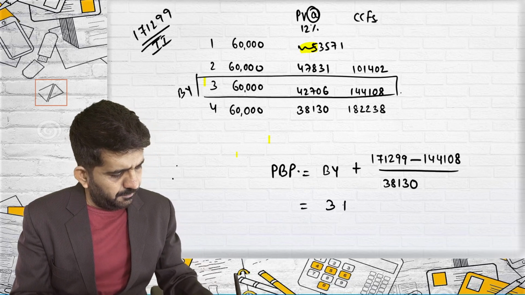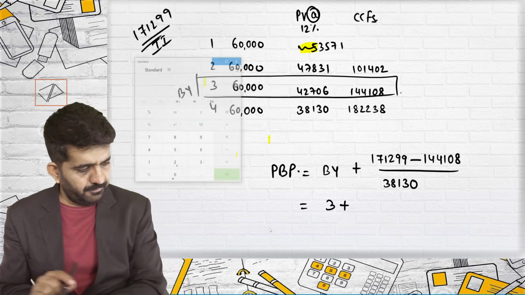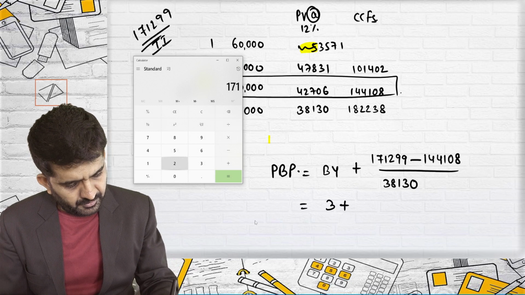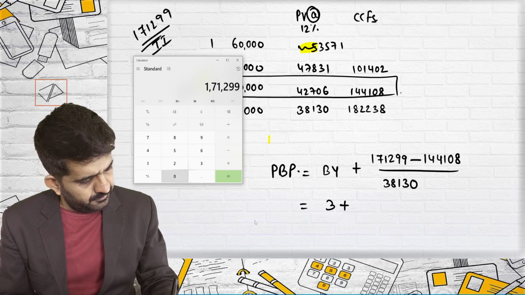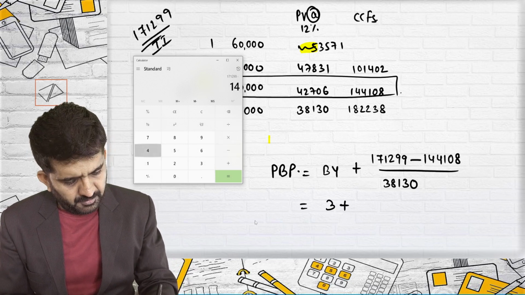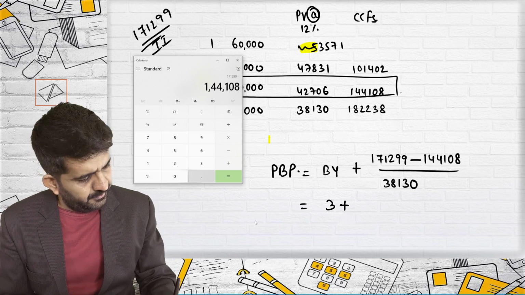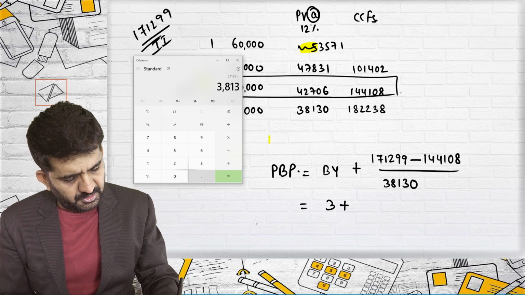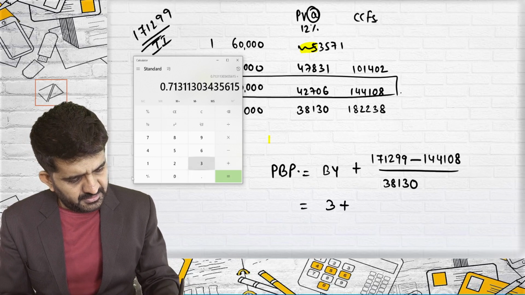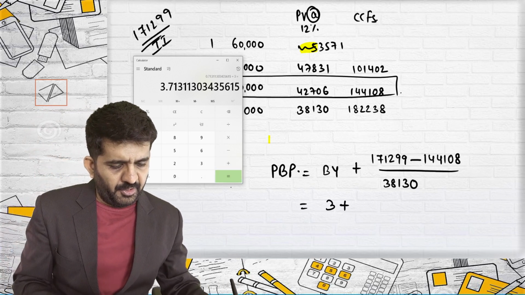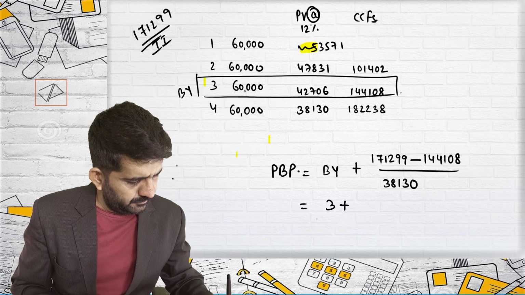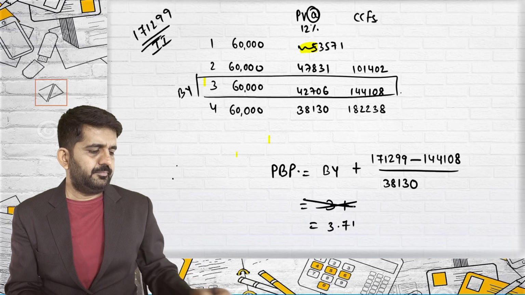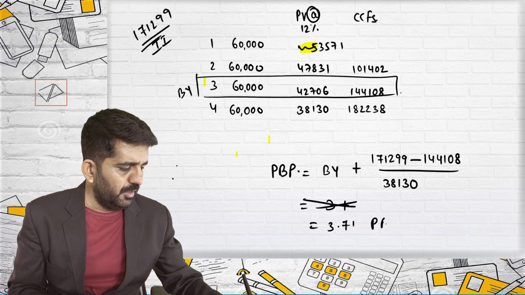Base year 3 plus this, it is 3.7. That will be the payback period.